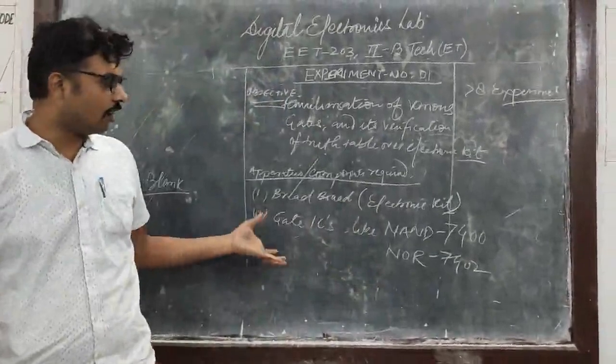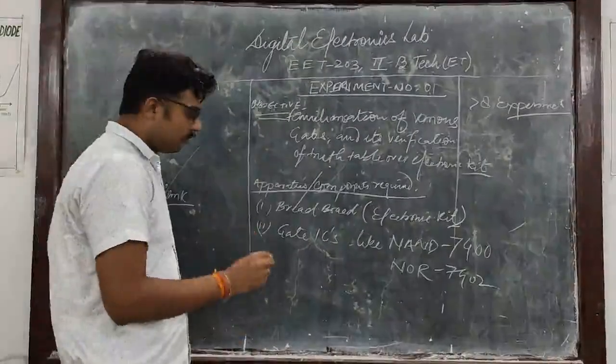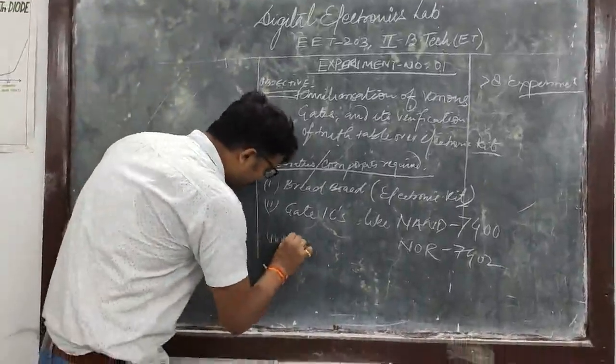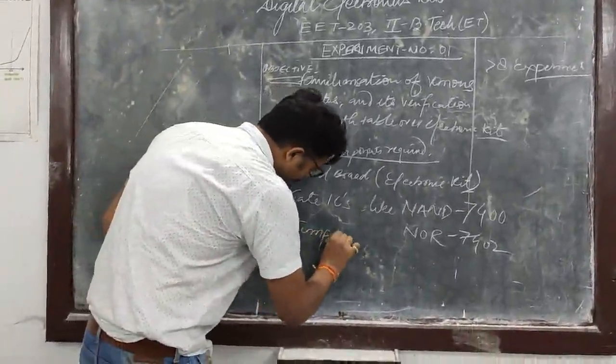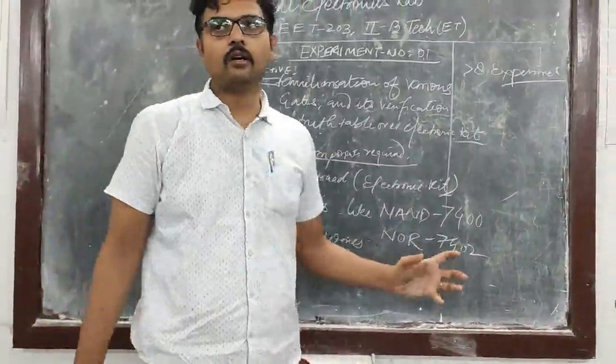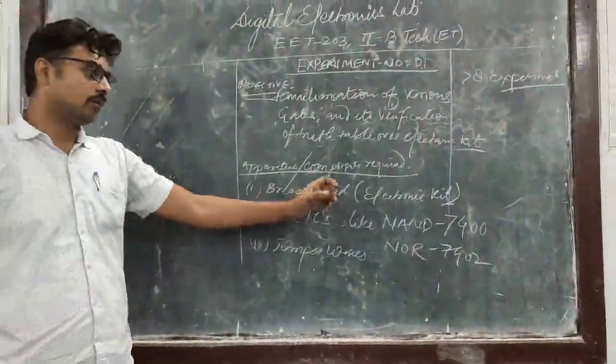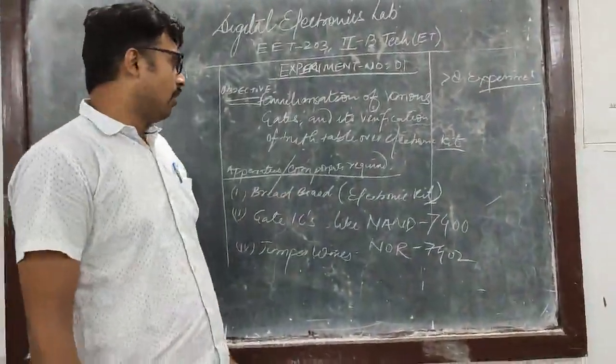So these are all your components and apparatus. Apart from this, you will require jumper wires to connect the ICs with this electronic testing kit.